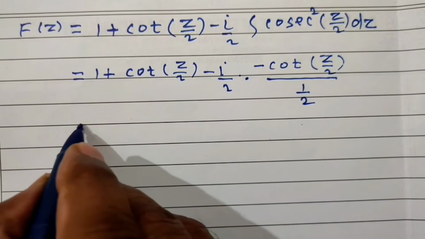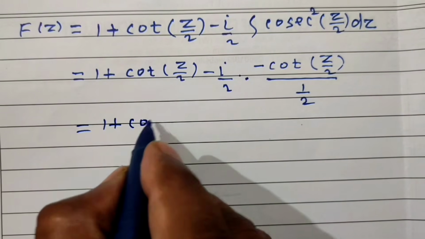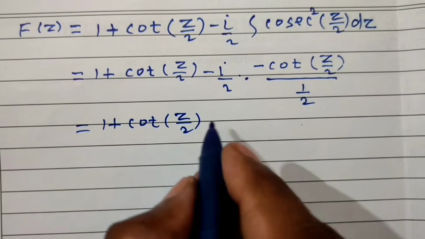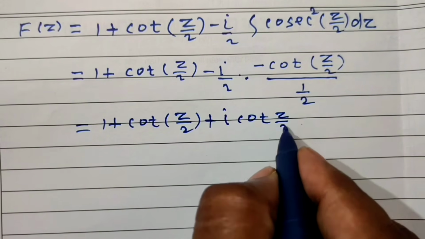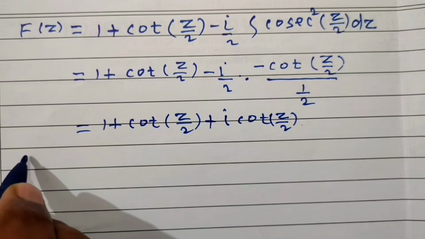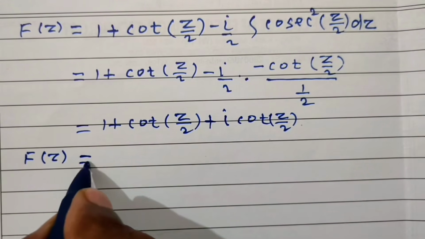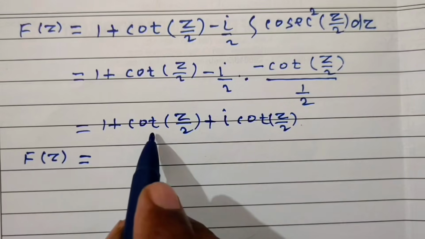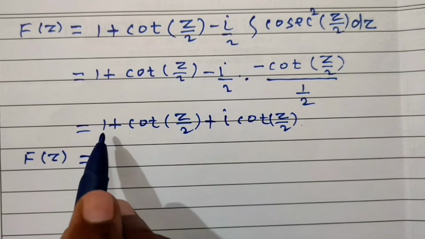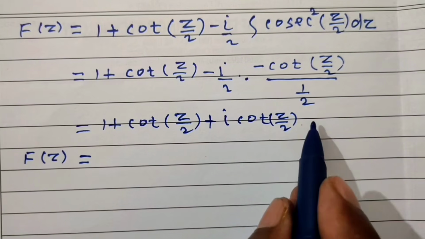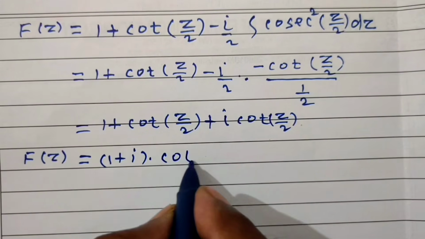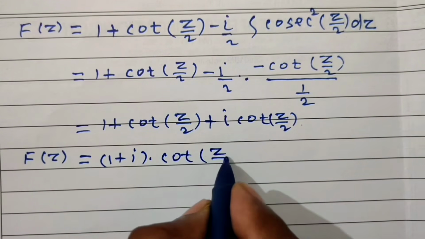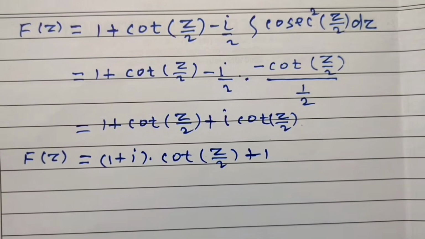So this is equal to 1 plus cot z upon 2 plus i into cot z upon 2. So capital F of z, taking cot z upon 2 common from these two terms, and 1 you can consider as constant c, is 1 plus i into cot of z upon 2 plus 1. This is capital F of z.